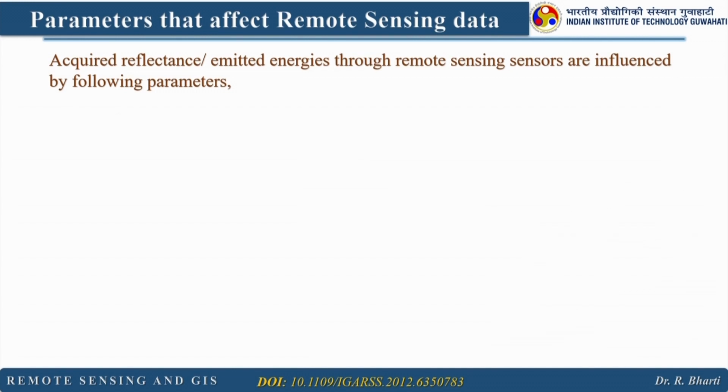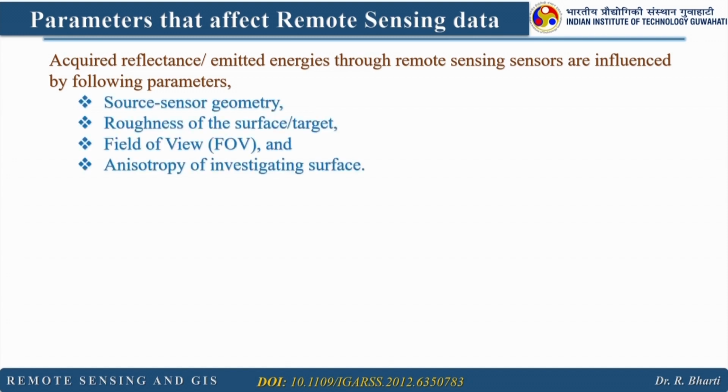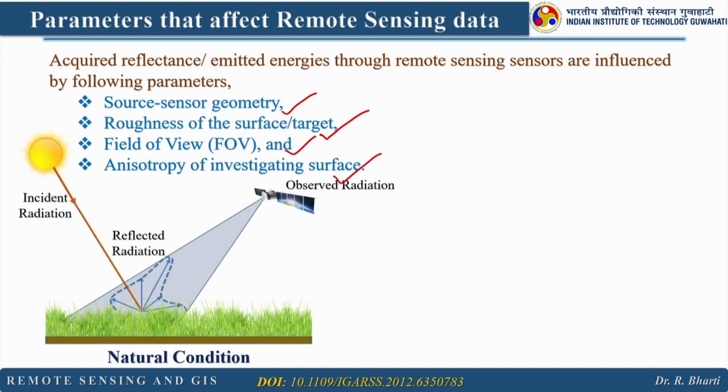So, let us talk about the parameters that affect remote sensing data. The acquired, reflected or emitted energies through remote sensing sensors are influenced by the following parameters. The first one is source-sensor geometry, the second one is roughness of the surface or target, then field of view, then anisotropy behavior of the investigating surface, right.